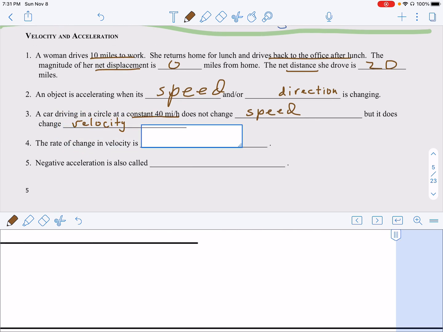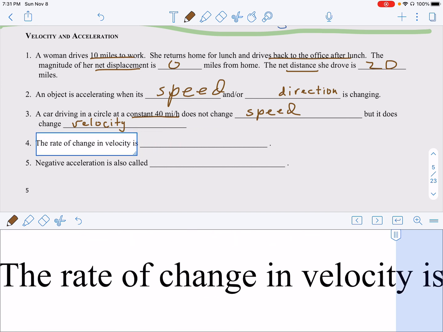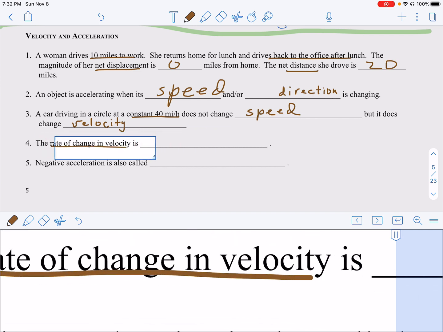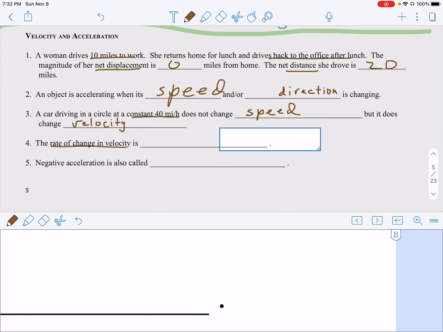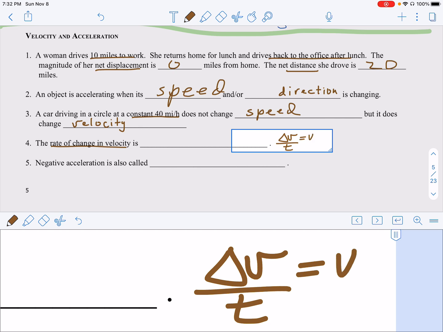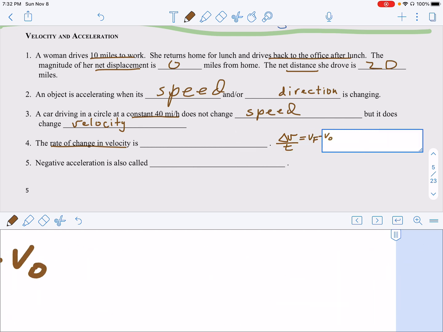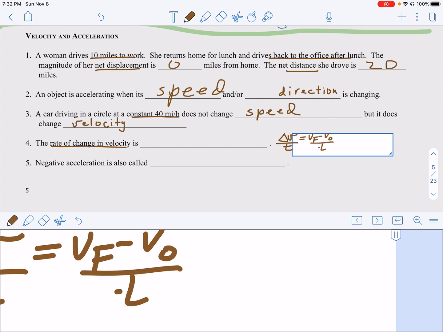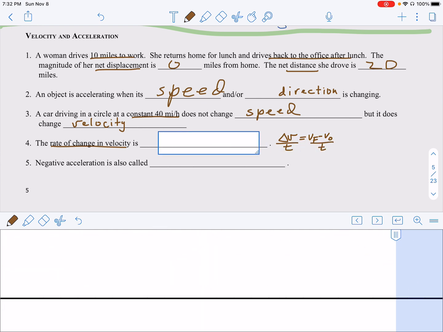Okay, the rate of change in velocity. This is a funky way of saying the change in velocity over time. And that's Vf minus Vo over t. And you know that to be what?